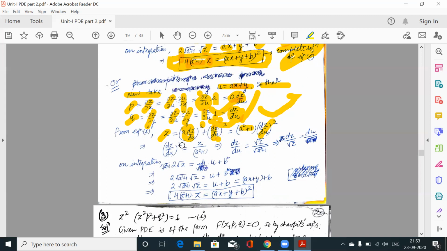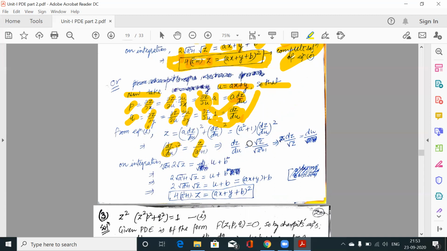Now what is the value of (dz over du) whole square? This z over a square plus 1, the a square plus 1 will go under the denominator of z. So (dz over du) whole square is equal to z over a square plus 1.